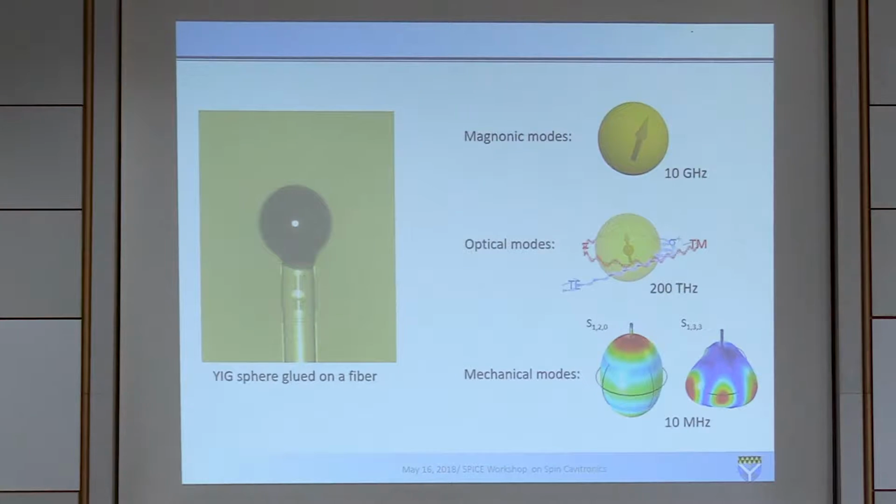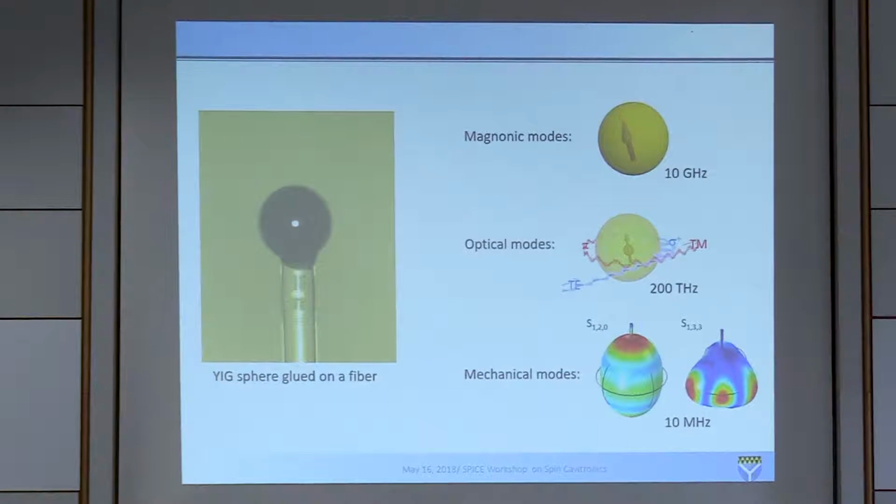So if you polish a sphere and support it very nicely, you can have a mechanical quality factor up to a million. So there is an acoustic whispering gallery mode inside this sphere. This is a very simple structure. You have three different excitations, and they can couple very strongly. That is the context I'm going to discuss.